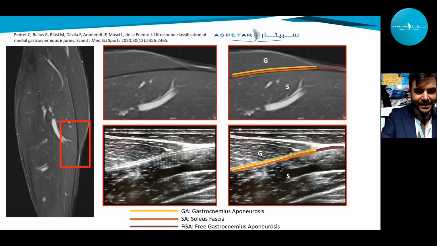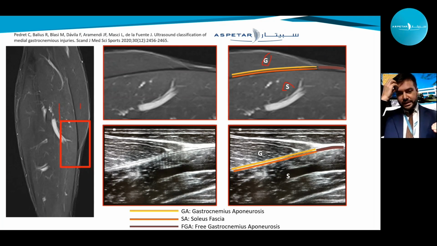So in this detail, this is the coronal view. There is a gastrocnemius muscle, soleus muscle. So this detail goes here. So this is soleus, this is gastrocnemius. In yellow, we have the gastrocnemius aponeurosis, which is important, is the aponeurosis that is in contact with soleus.